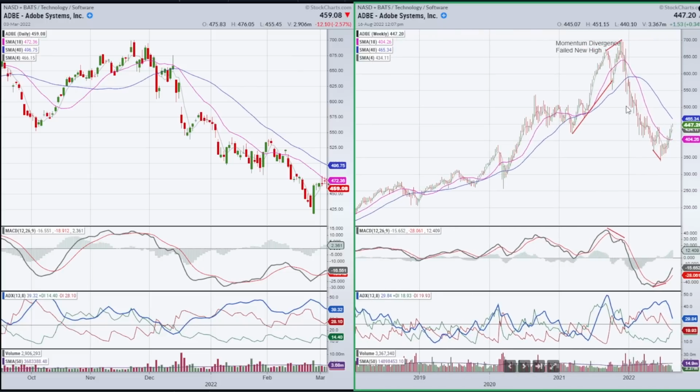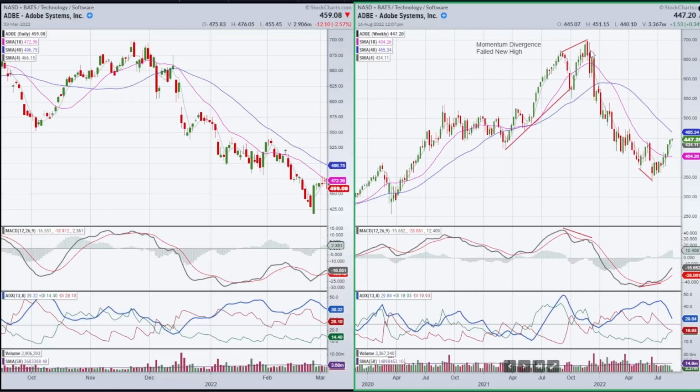And then we get to here, we break out and there's no follow through. So this to me is, again, what I'd call a failed new high. O'Neill refers to it like a late stage breakout that is prone to failure. I just typically look at a pattern that's trending and it can't follow through in a breakout as being a failed new high. Now, when that also has momentum divergence in place, that can be very, very helpful.